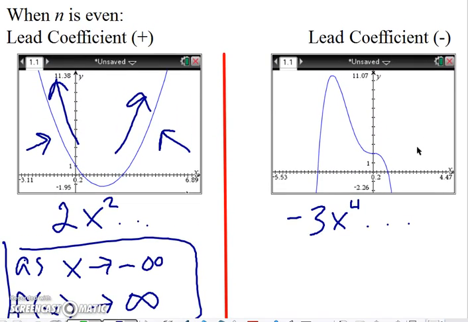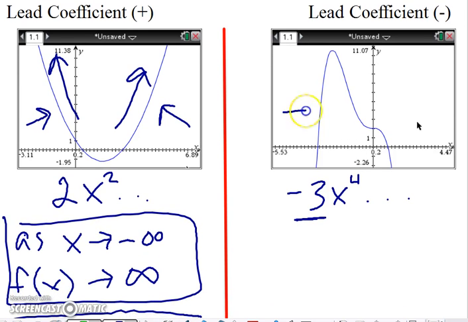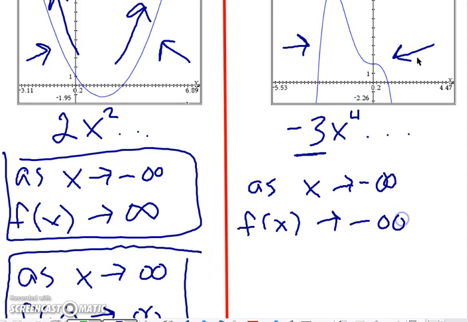And then we look at the negative lead coefficient. So this time it's a negative 3x to the fourth power. And we look at, again, the left side and the right side of the graph. On the left side, as x goes to negative infinity, f of x goes to negative infinity because it's going down on the left-hand side.